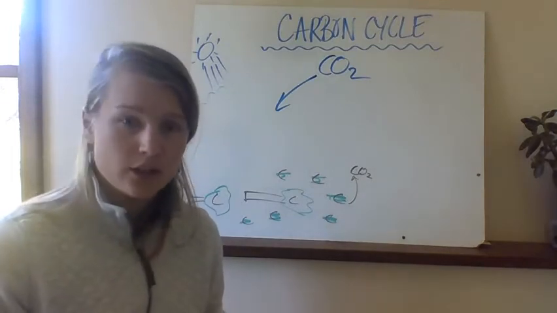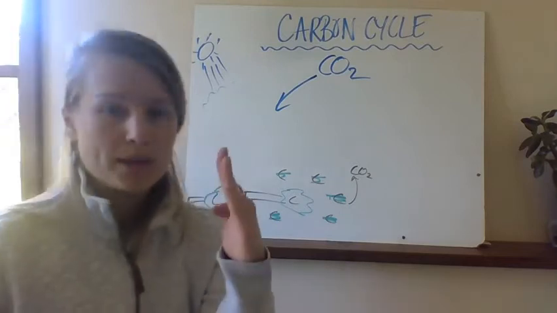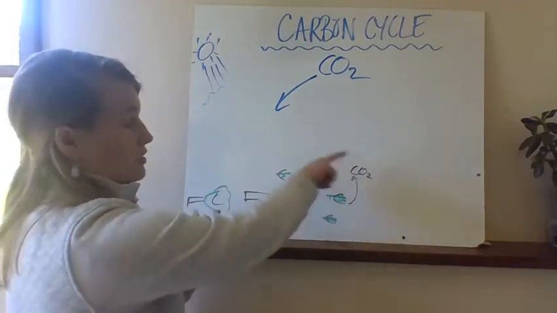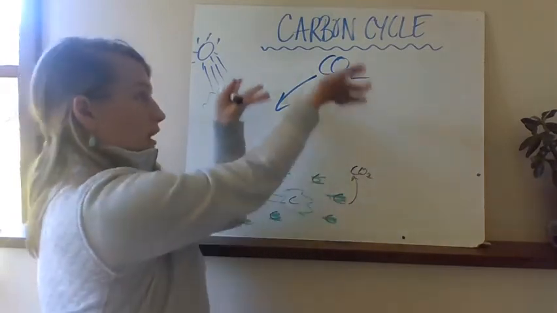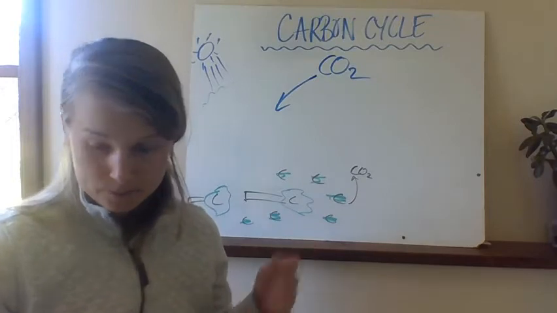That's why on the Keeling curve, the winter and then very beginning of spring is really high, because they've decomposed these all winter long and carbon dioxide is rising back into the atmosphere.